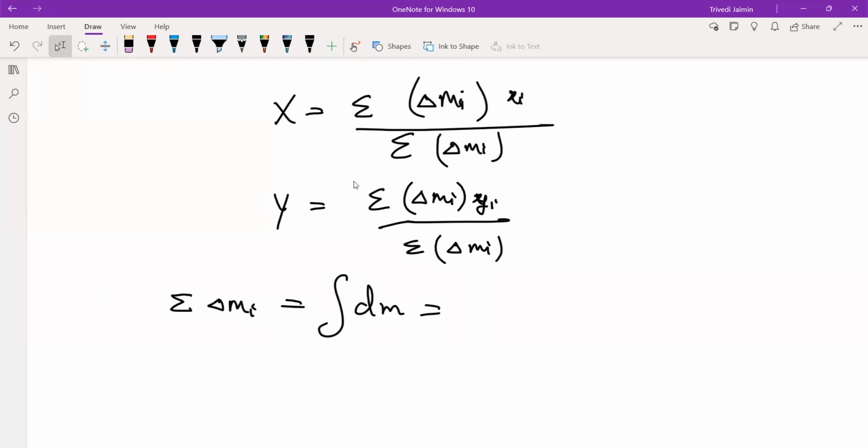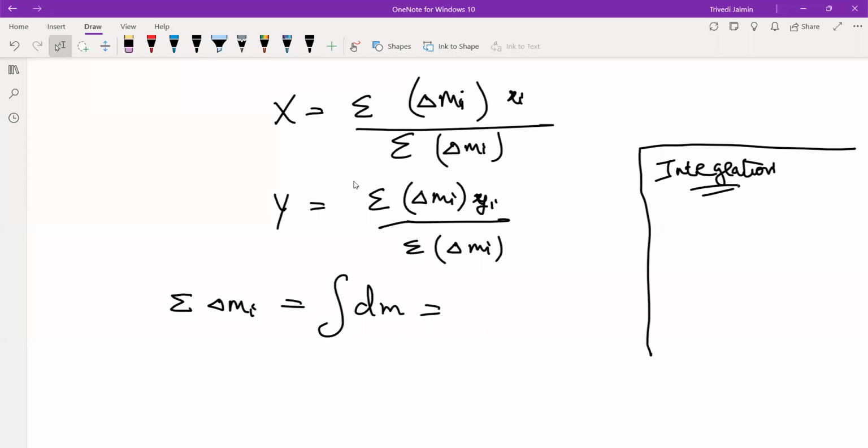Now let me tell you the first rule of integration. As we go, I'll tell you other rules also. So make a note of this one. Integration of x dx: the formula is x to the power n plus 1 by n plus 1.